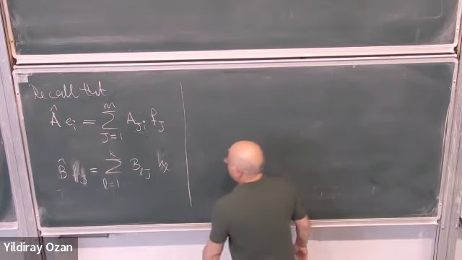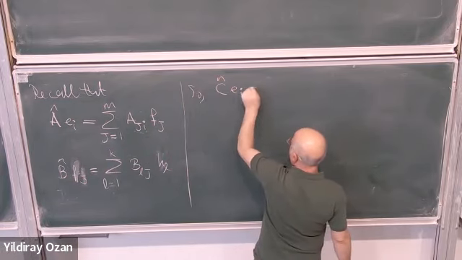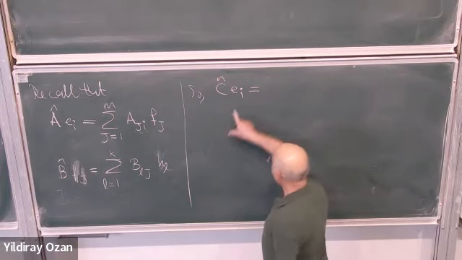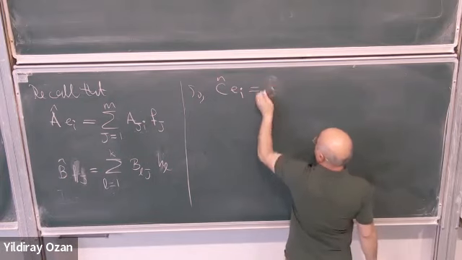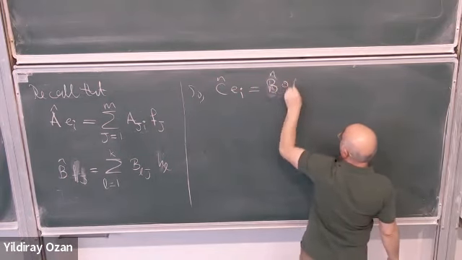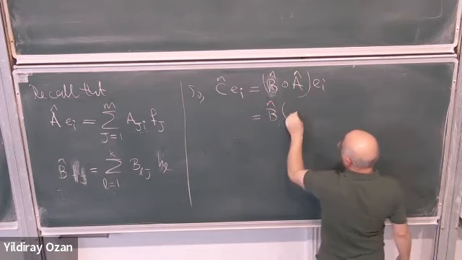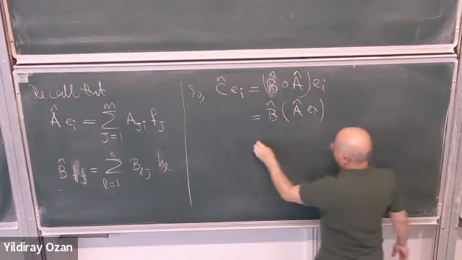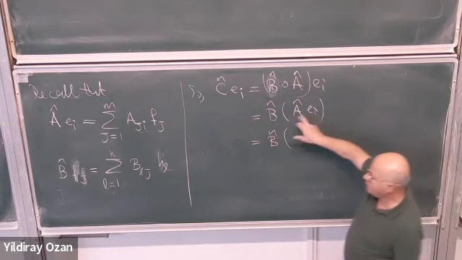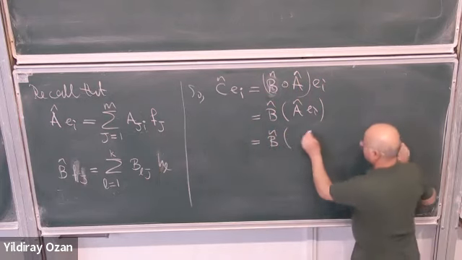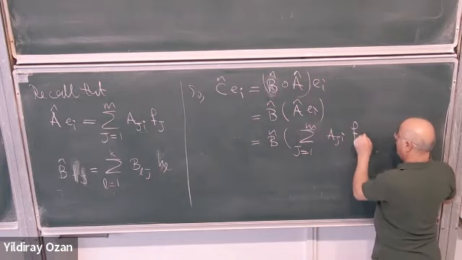Okay. So C hat of e_i. C hat of e_i is what? This is just B hat composed with A hat of e_i. This is B hat of A hat of e_i, which is just this sum, j from 1 to m, a_ji f_j.